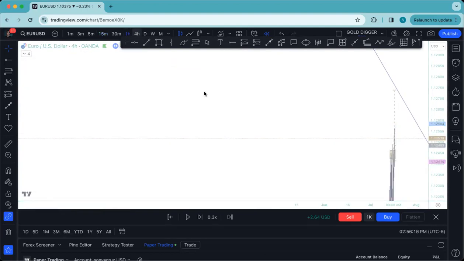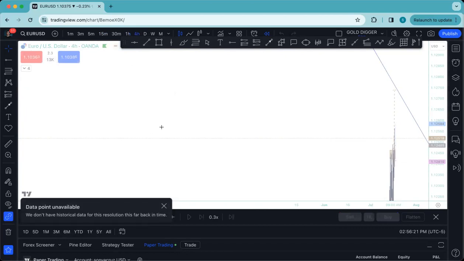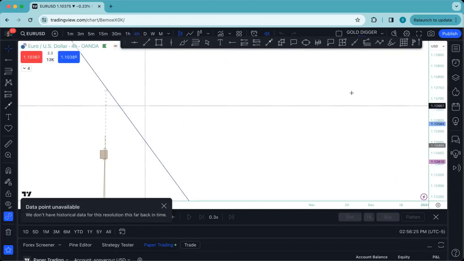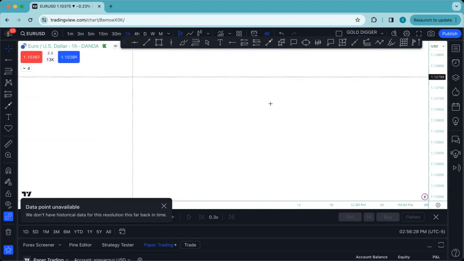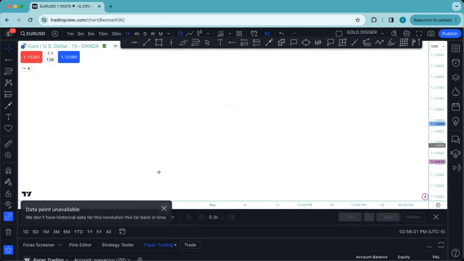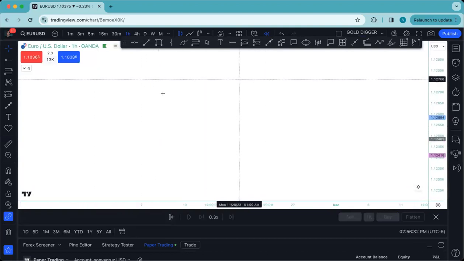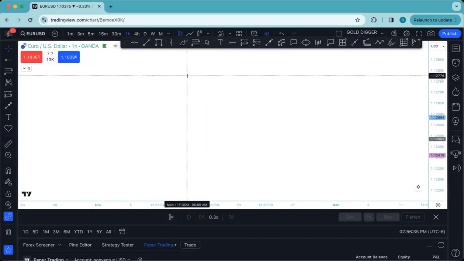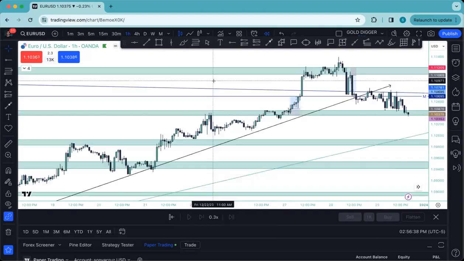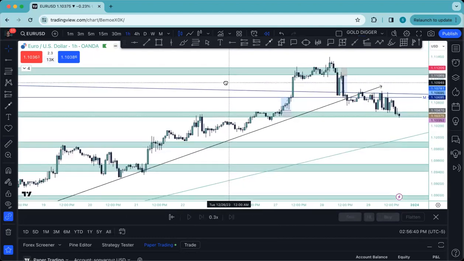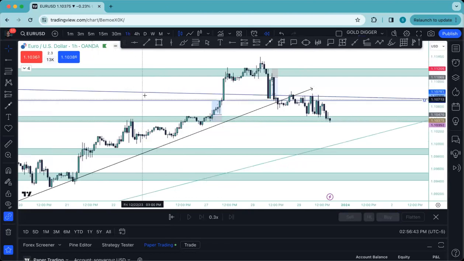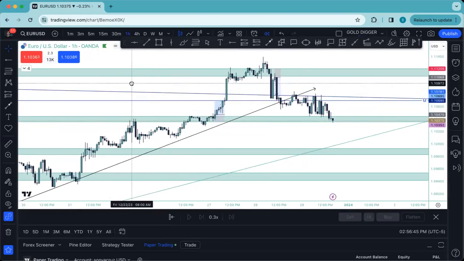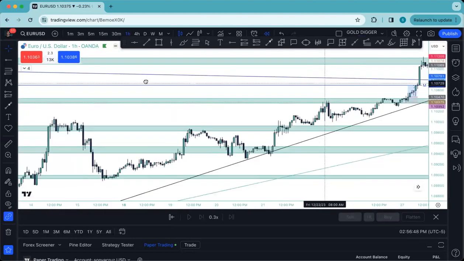Oops, let's go back to 4 hour. Oh, data point isn't available. What? So sometimes TradingView will do that on here. Oh my goodness. Really? Let's reset the chart. It just went out.